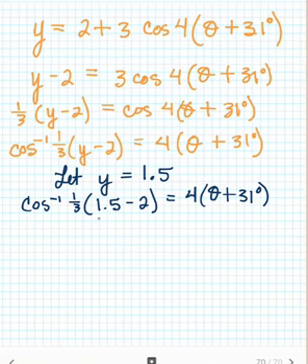Doing this on the calculator, because I have a theta here, I have to make sure I'm in degree mode. Let me just check that first, and I am. My calculator looks good there. So I'm going to take the cosine inverse of negative 0.5 divided by 3.